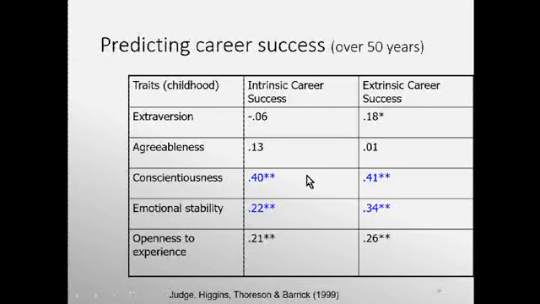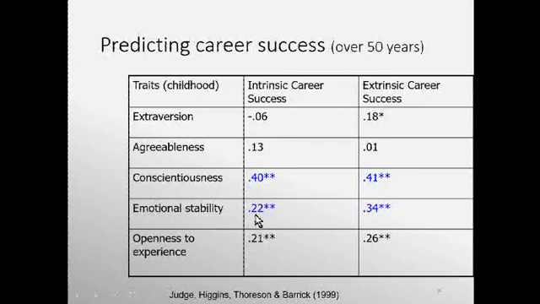Turn that into a percent and you get 16%. That means 16% of people's differences in their career success can be explained by conscientiousness. You understand, class? So 16% of the variation in the criterion depends on the variation in the predictor. Just 16%. It's not that much, but it is meaningful.